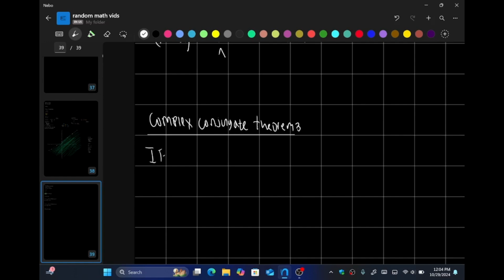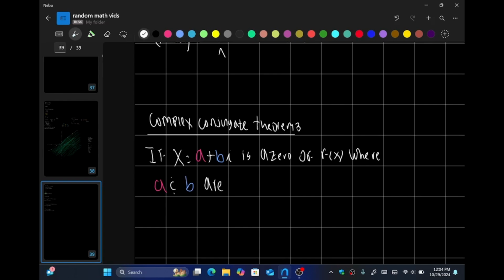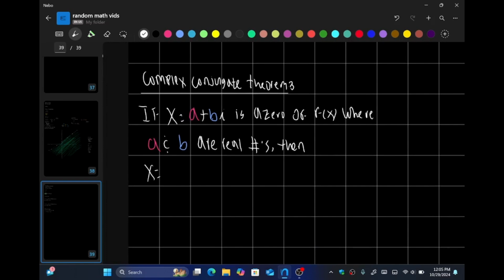So basically, if x equals a plus bi is a zero of f of x, where a and b are real numbers, then x equals a minus bi must also be a zero of f of x.